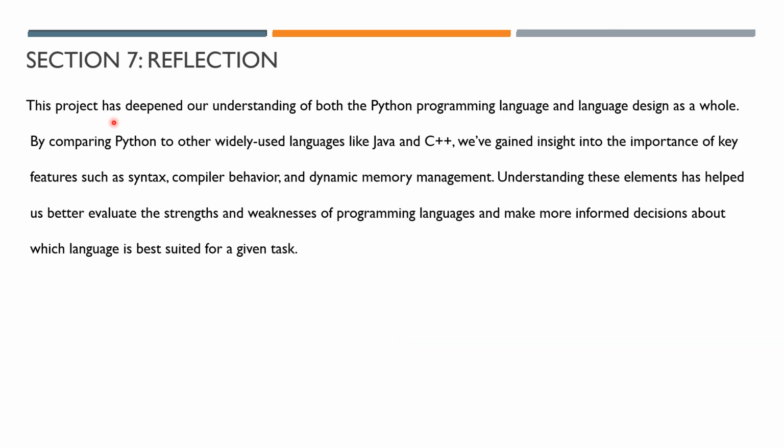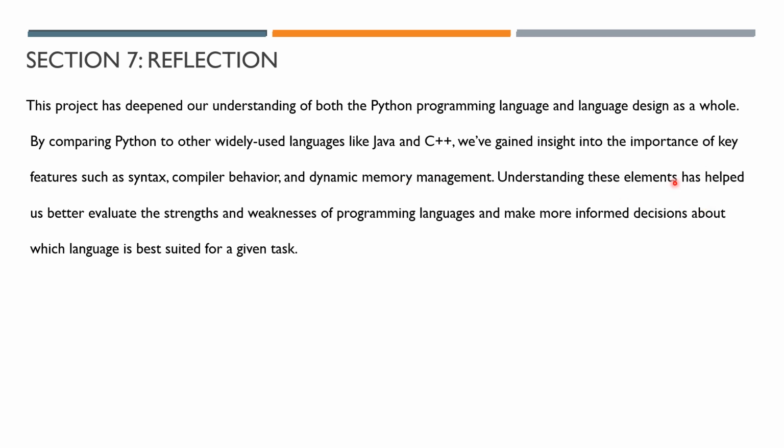Next, section 7 is the reflection. This project gave deep understanding of both Python and other languages as a whole. By comparing Python to other widely used languages like Java and C++, we've gained insight into the importance of key features like syntax, compiler behavior, and dynamic memory management.